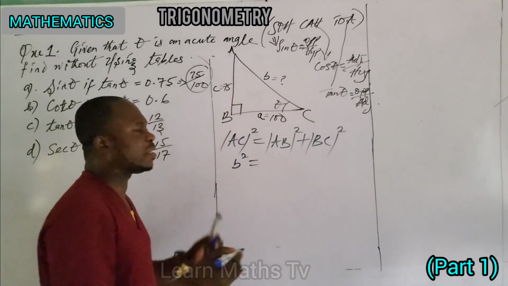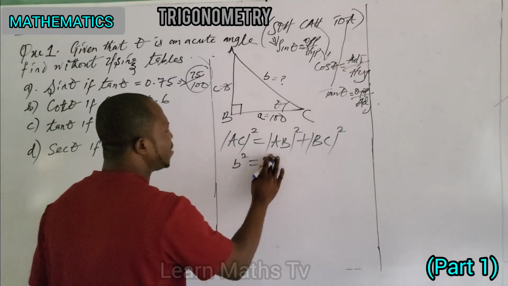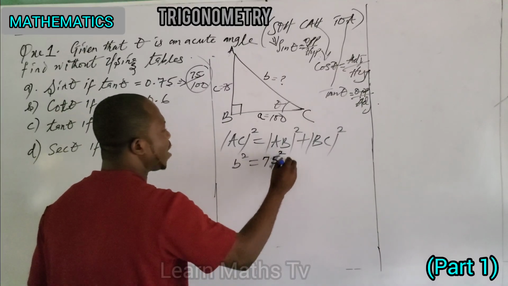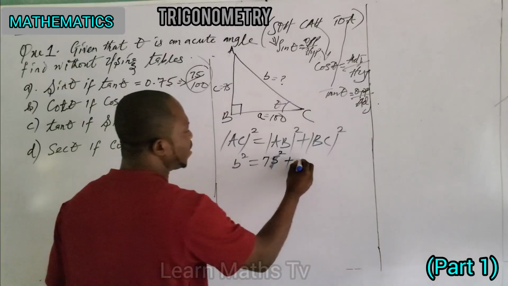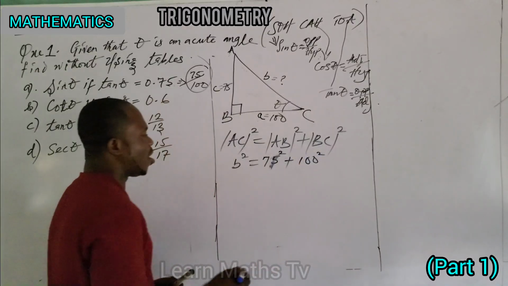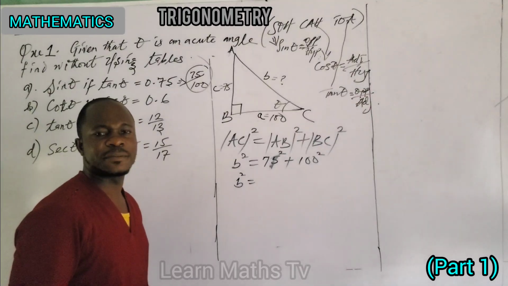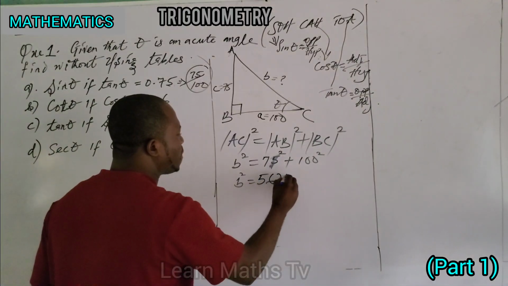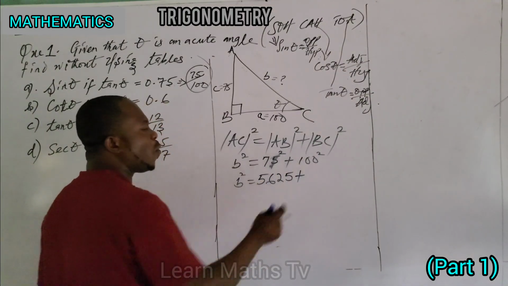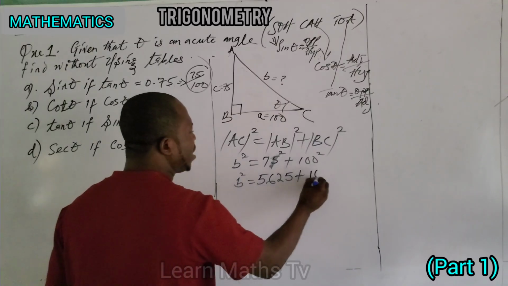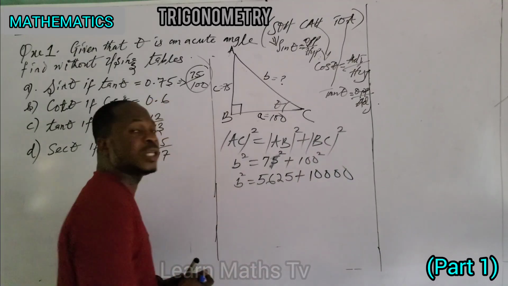Our AB is 75, so we have 75 squared, plus our BC, which is 100 squared. What's 75 squared? 5625. Plus 100 squared, which gives us 10000.